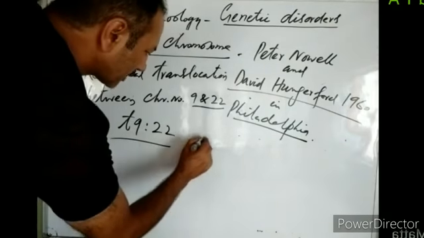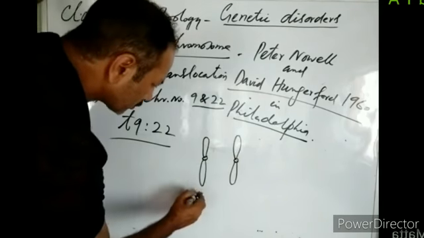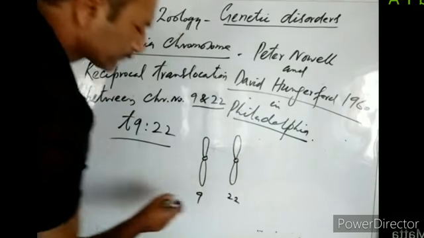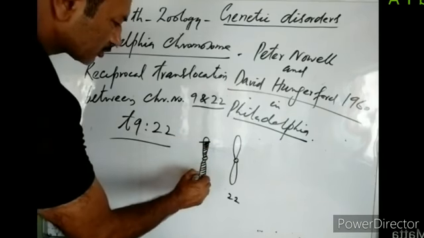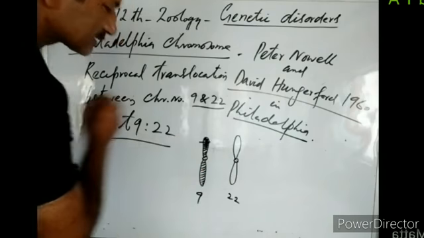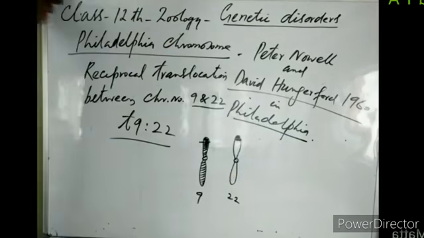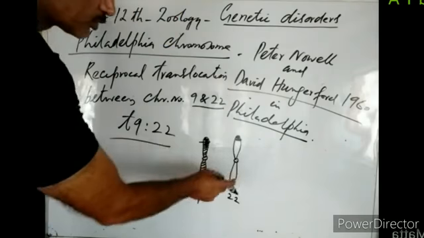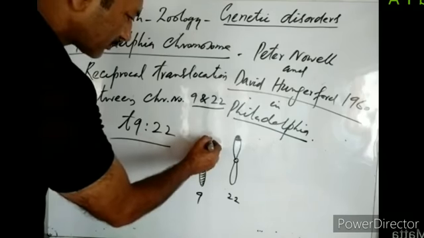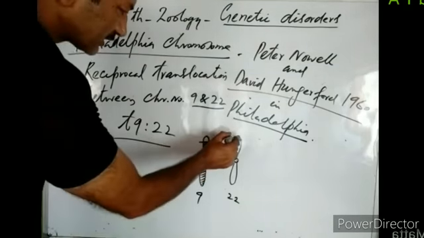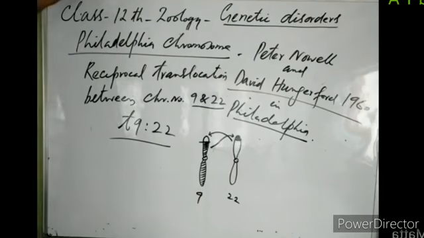A part of chromosome number 9 and a part of chromosome number 22. This is chromosome number 9, this is chromosome number 22. A part of chromosome number 9 breaks, it gets cut, and it joins with chromosome number 22. And the part of chromosome number 22 gets cut and it joins with chromosome number 9. So its segment joins with this and its segment joins with this, right? So there is reciprocal translocation.